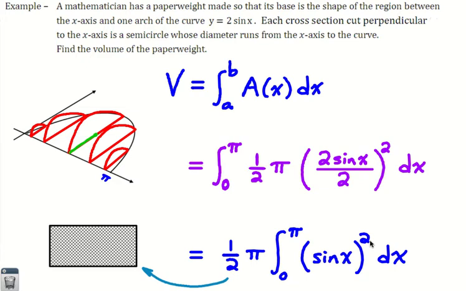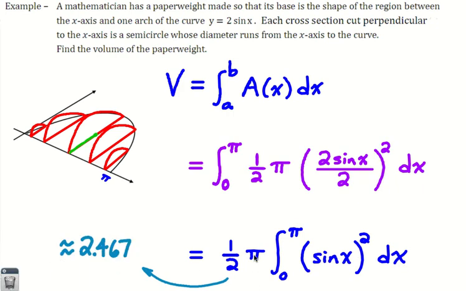If you square, basically these 2's cancel out. That's probably the best way to do things here. The 2's cancel out, then we can square the sine of x. So maybe you want to throw this into your calculator. And once you multiply everything, 1/2 times pi times the integral of this from 0 to pi, this is what at least your approximated answer should look like.